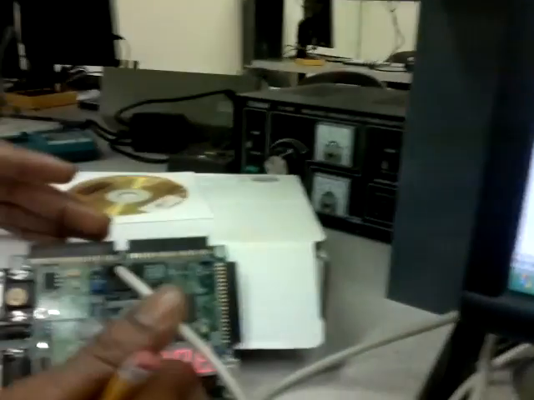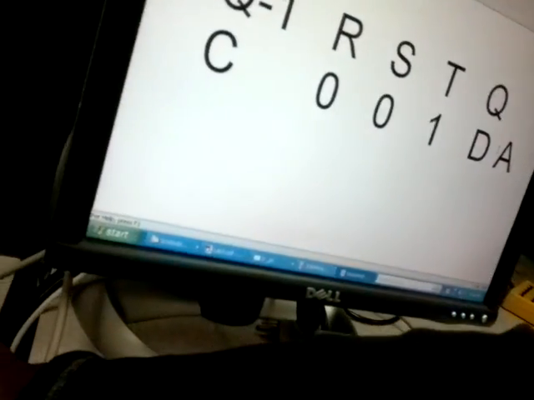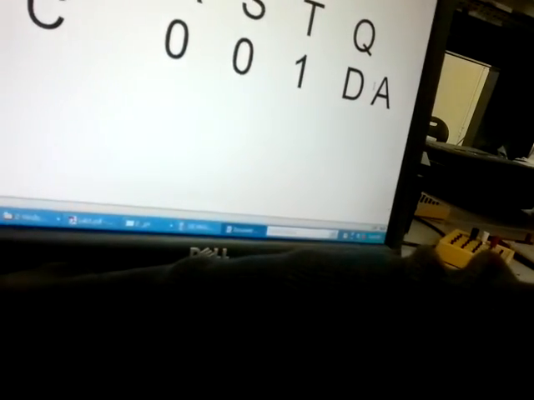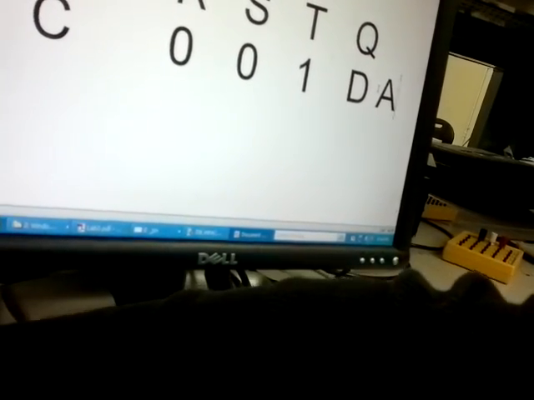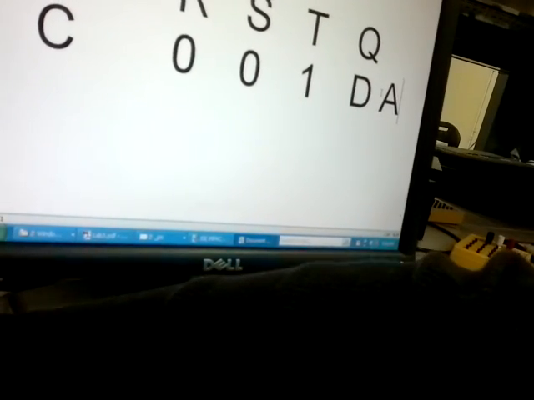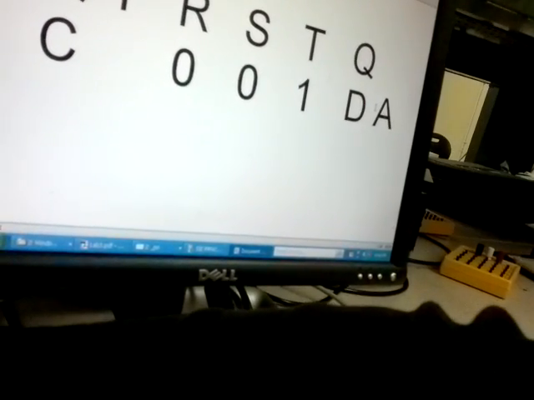Ça n'a pas marché, mon cher. Pause that. Attends, il faut. Attends. Oui. Ok, c'est ça.